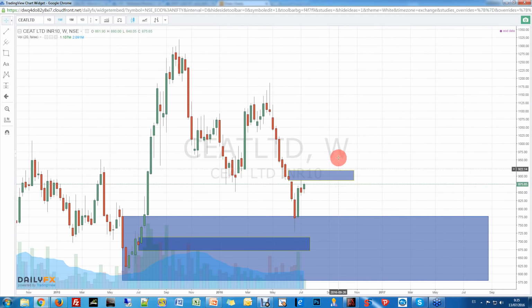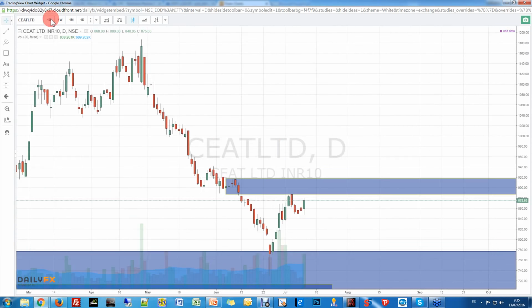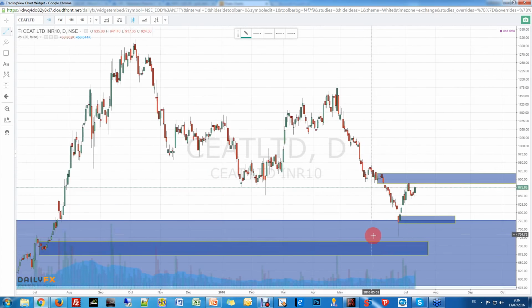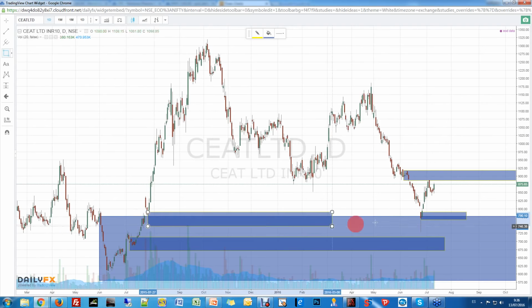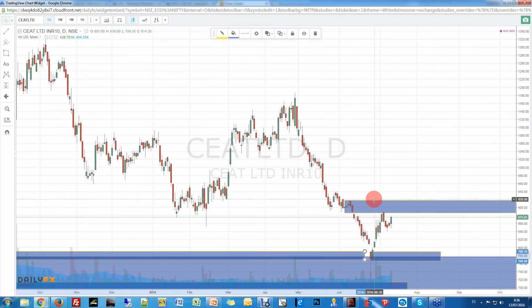Yep, exactly, Ryan. And then on the daily, this is what we have. This is the trade, right there. That's the one, after breaking the trend line. This is a peak, sort of. I mean, it doesn't matter. This trend line has just been taken out. This is a level of demand, as you can see here, taken out by this level of supply.